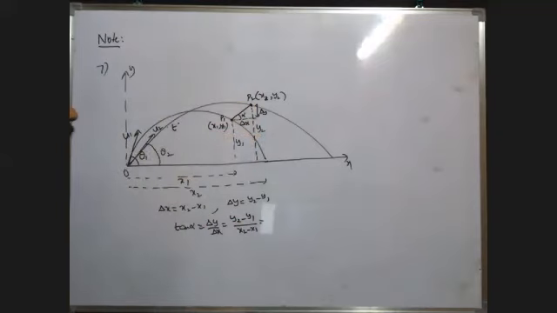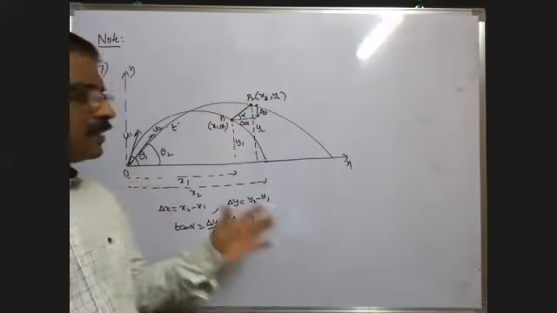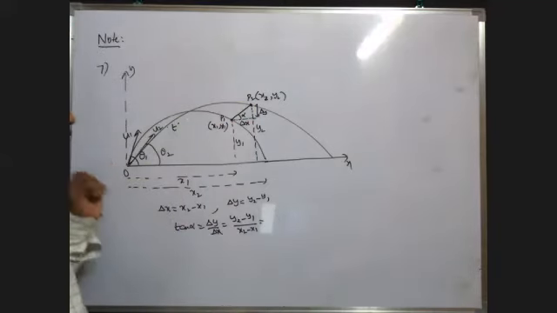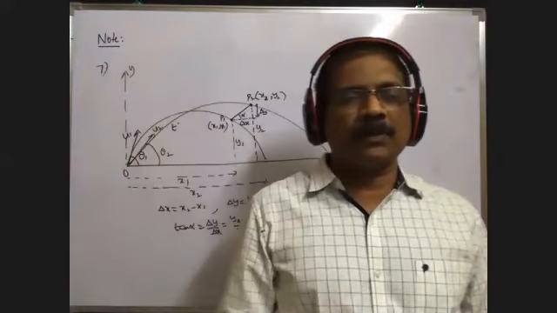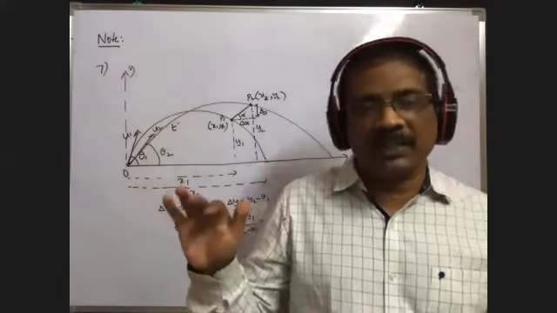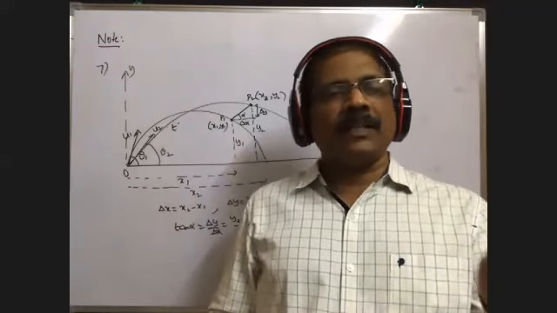How can we find y2? y is equal to ut plus half at square, where u means the initial vertical component of velocity. Already, after t seconds, the vertical displacement of the oblique projectile, we have written the formula: u sin theta into t minus half gt square.